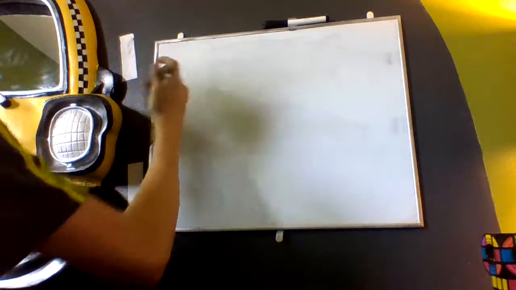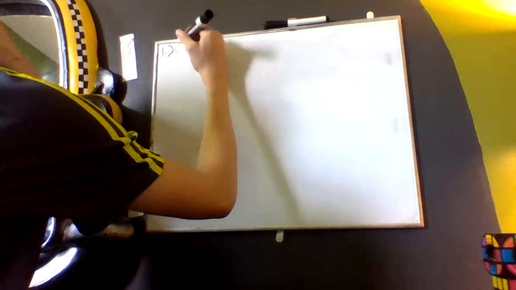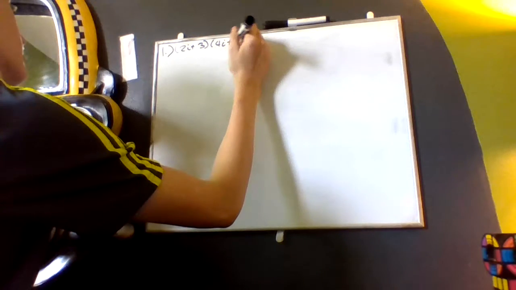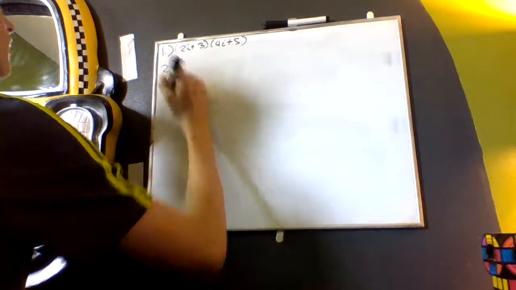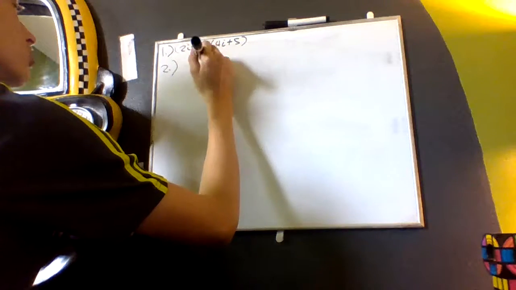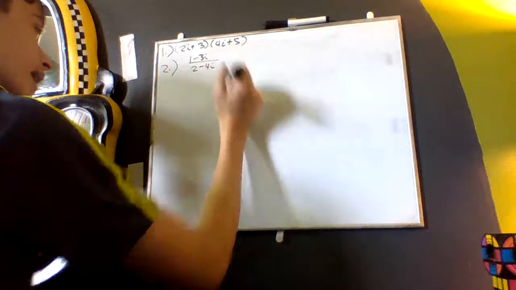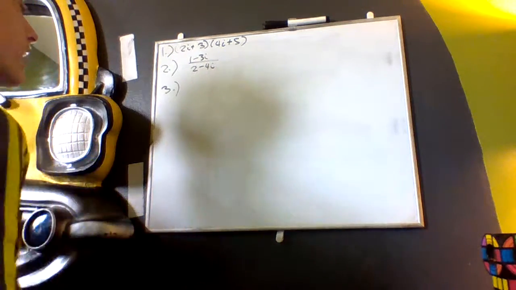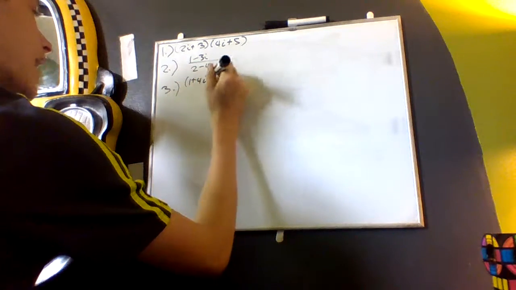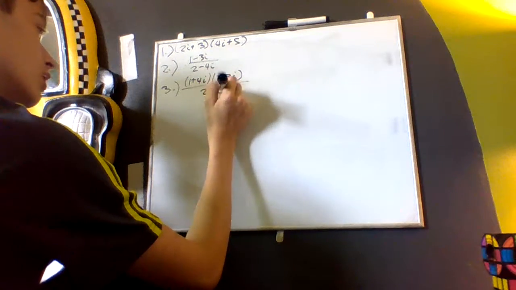So let's go ahead and get to some practice questions. Number 1, what is 2i plus 3 times 4i plus 5? Number 2, what is 1 minus 3i on 2 minus 4i? Number 3, what is 1 plus 4i times 1 minus 3i divided by 2 plus i?